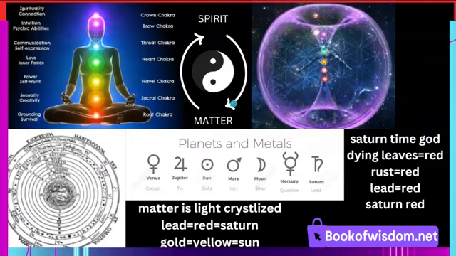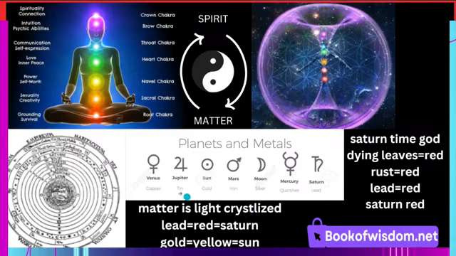Now, like I said earlier, light crystallizes into physical matter. They are the same substance. Spirit and matter are the same substance, but different variations, different aspects of the same substance. Low vibrational spirit turns into matter. High vibrational matter turns into spirit. Or light, whatever you want to call it.